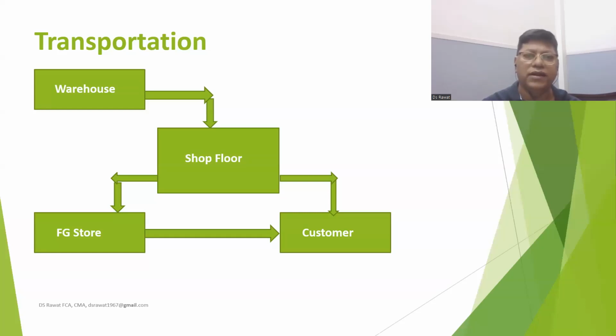Suppose it is 100% currently, raw material is coming in the warehouse and then going to the shop floor. Then we can say that we will try to reduce it to 60%. Then after achieving 60%, we will again say, okay, we will try to reduce it again by 60%. Then what will happen?